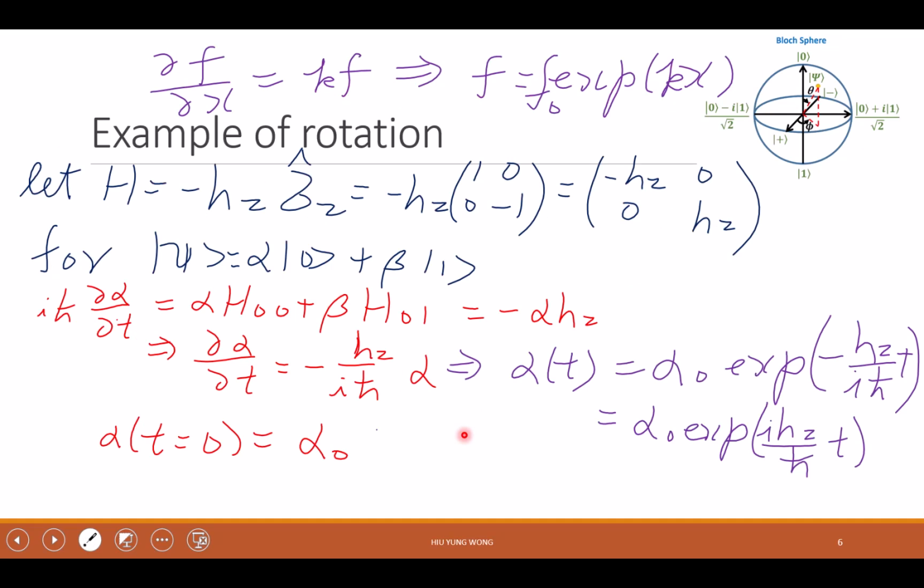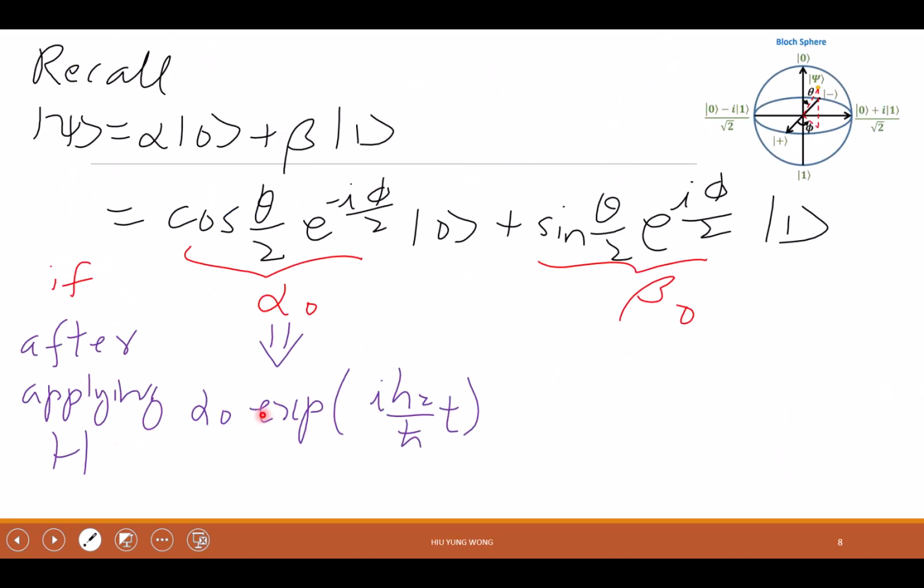Do you remember what we said again? The solution is alpha of t, after a certain time when we apply the Hamiltonian, is alpha 0 times this exponential term, right? So after applying the magnetic field, the external Hamiltonian, alpha 0 changes to alpha 0 times the exponential term divided by h bar t.